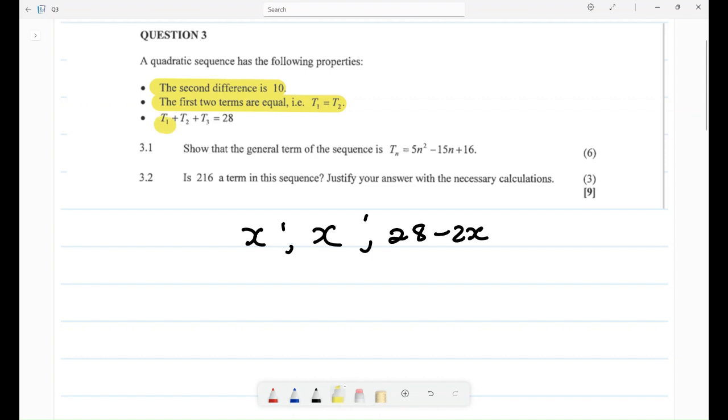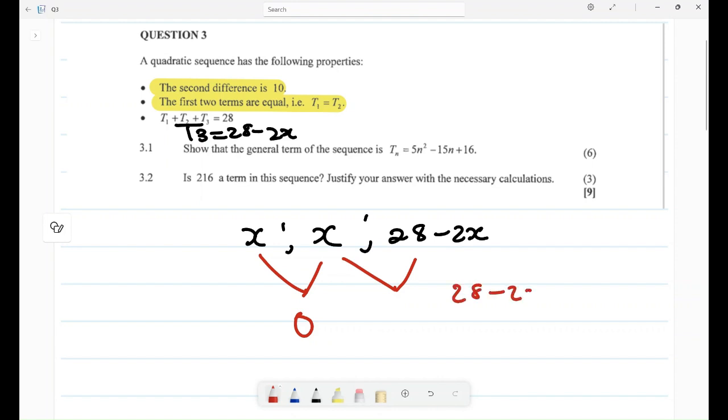You just rewrite T3 in terms of x. All right. Now I can repeat the process that I was doing. Now x minus x, I still repeat it, is 0. 28 minus 2x minus x is 28 minus 3x, right?